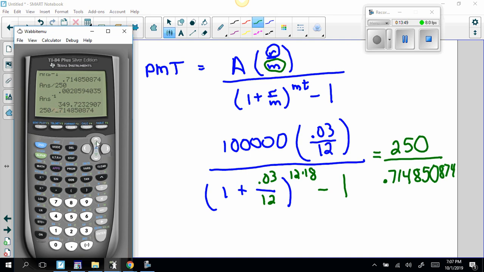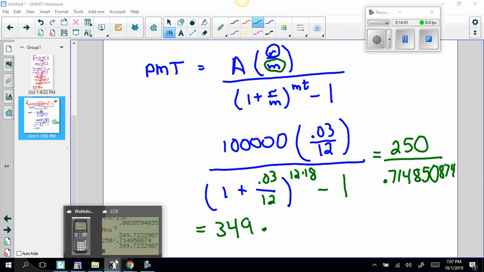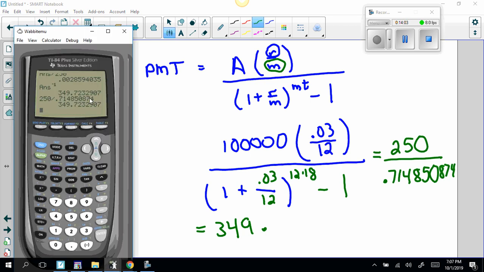Insert a divide sign. Love the TI-84 family. And I get 349 point, look at the third decimal, 72.